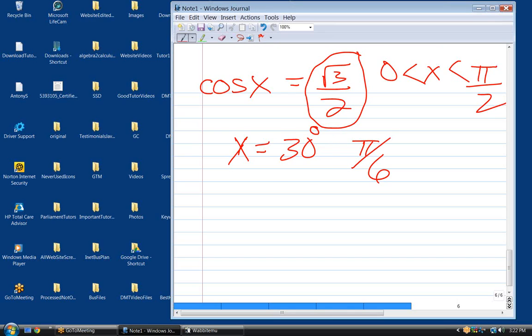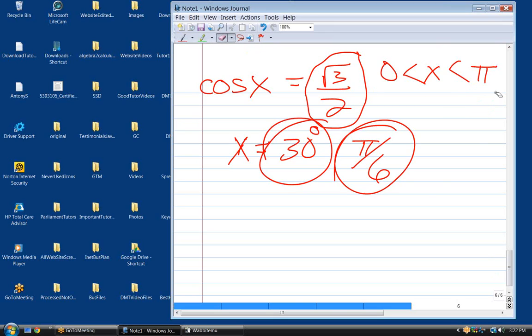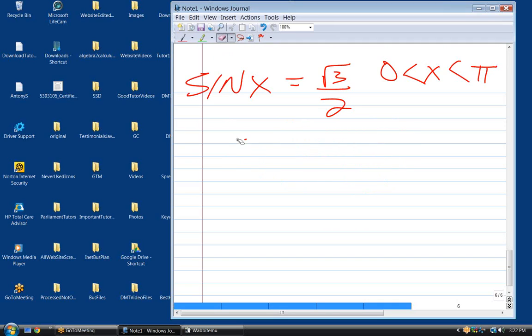So the only answer is 30 or pi over 6. They're just trying to fool us by making it in either of those two. Now, if this was sine, then we would have two answers, because both the first and the second quadrant are positive. So we would have to put both the first quadrant answer, 60 degrees, and the second quadrant answer, 120 degrees, if that was the problem there.